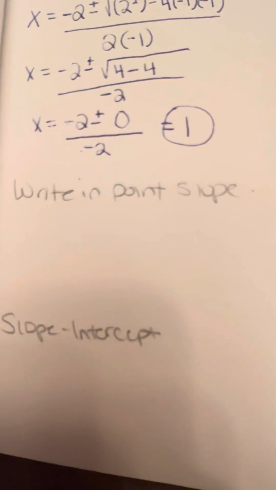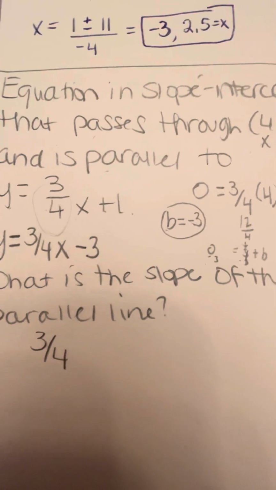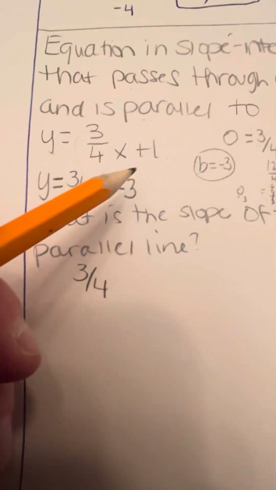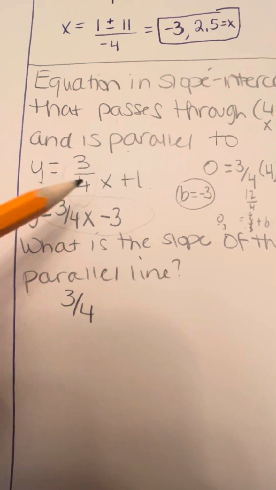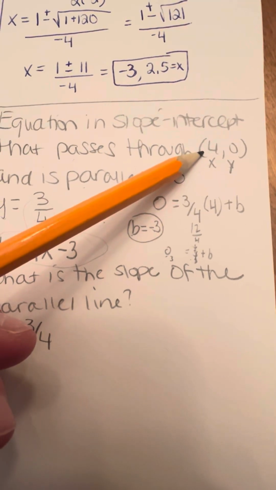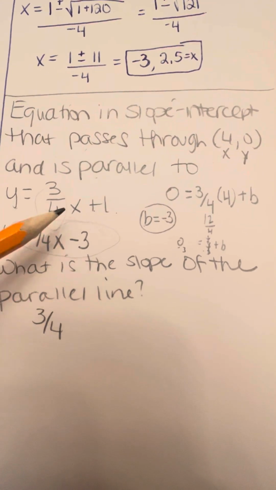And now we're going to move over to write it in point slope form. We're looking to use this point to write it in point slope form. We know the slope is going to be 3/4.